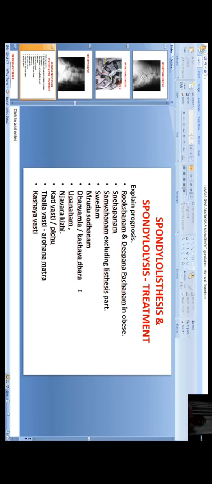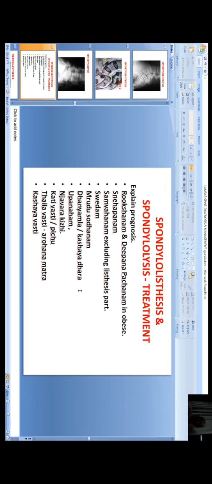Especially obesity. Obese patients are very difficult to treat, because if you reduce body weight by 5 kg, that alone can make some 25% improvement in the symptoms. Getting lean is very important.